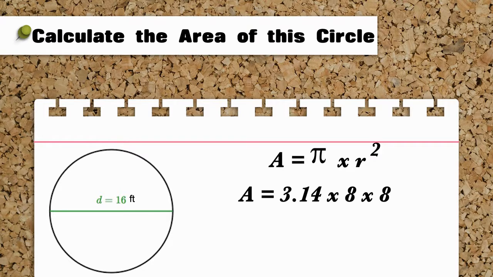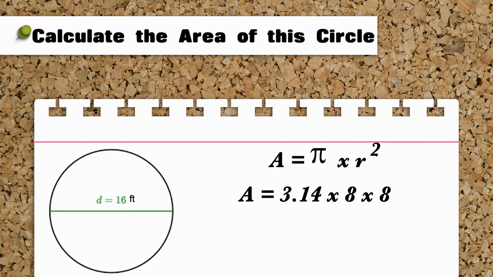Radius squared is saying 8 times 8. Now, how did we get that 8 when our diameter is saying 16? Remember, boys and girls, that the radius is half of the diameter, and half of 16 is 8.